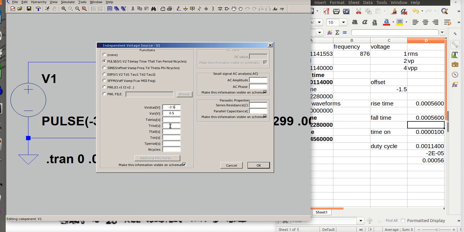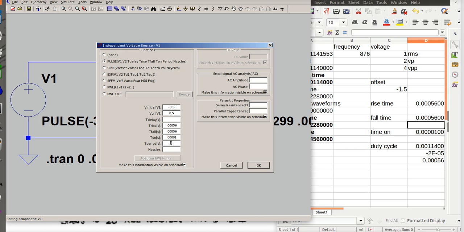I'm not going to have a delay. My time rise I figured out is 0.056. My fall's the same. My time on is very small. That is 4 zeros and a 1. And again, you can put these in millis.